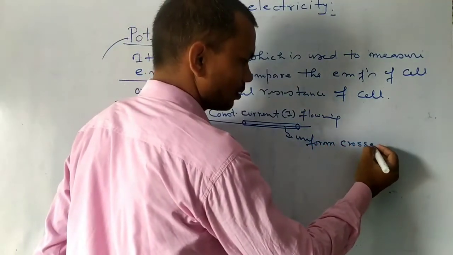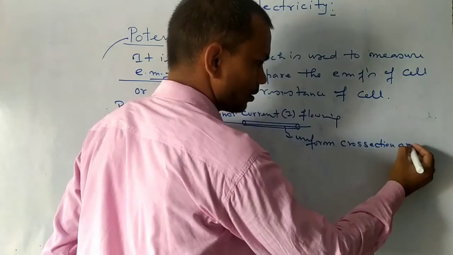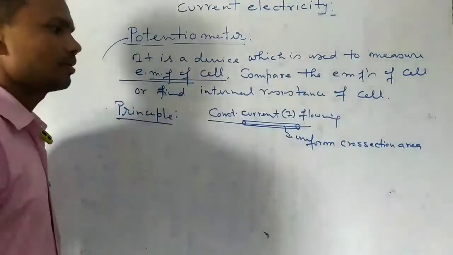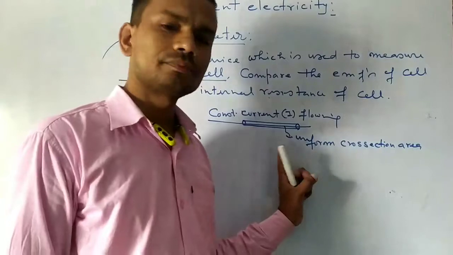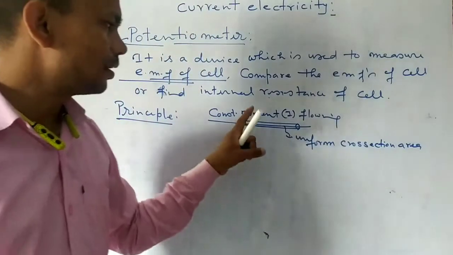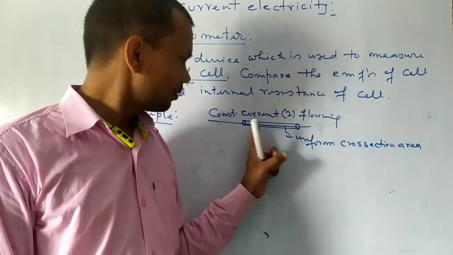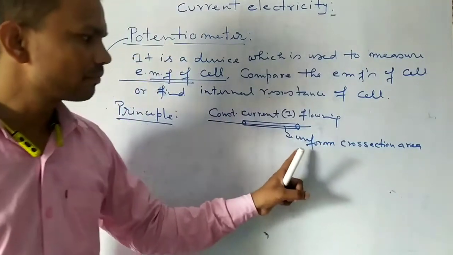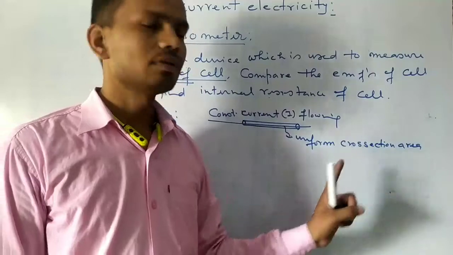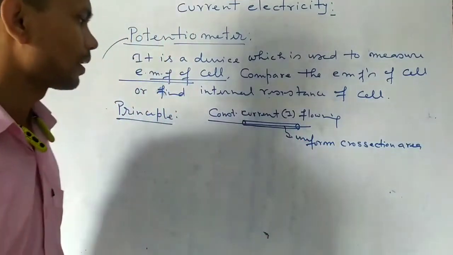It means the area of this wire is uniform. These two things are there: uniform, constant current is flowing, and second, it has uniform cross sectional area.